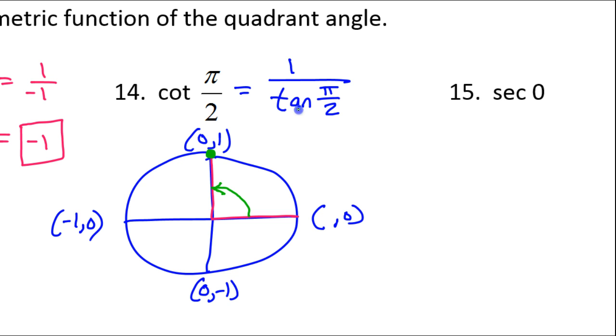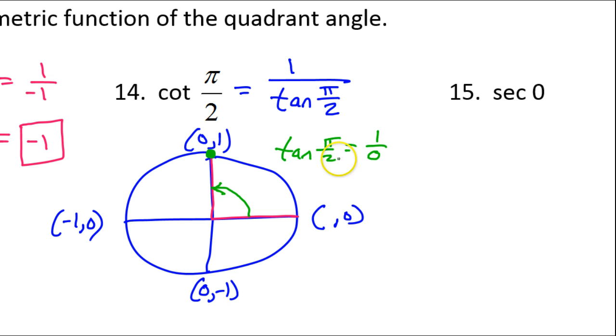Now, tangent is sine over cosine. So the tangent of pi over 2 is going to equal 1 over 0. That's y over x, sine over cosine. So that's undefined.